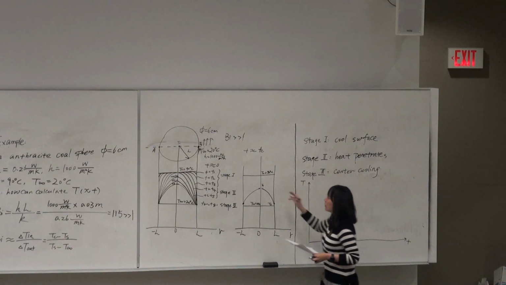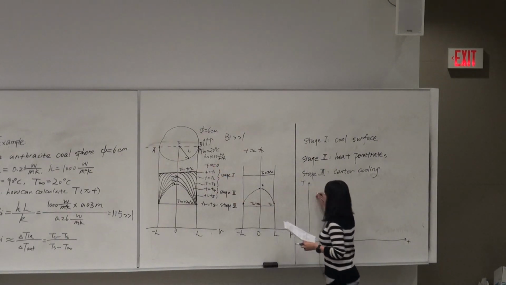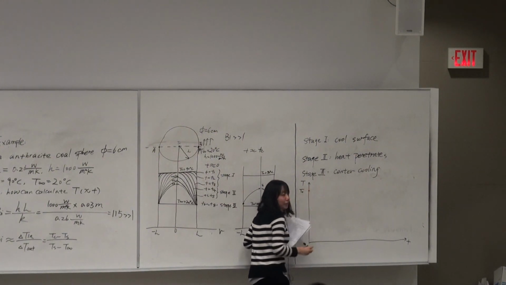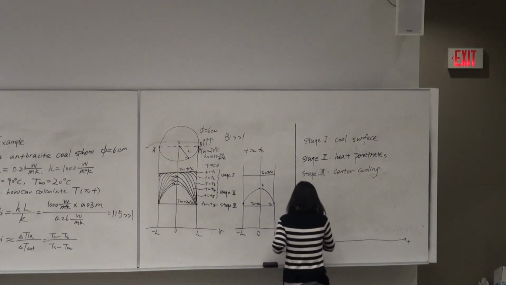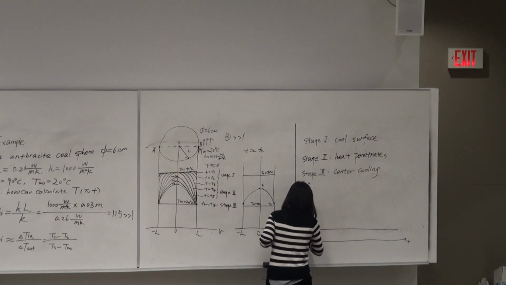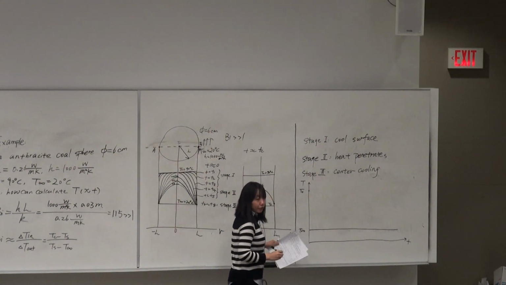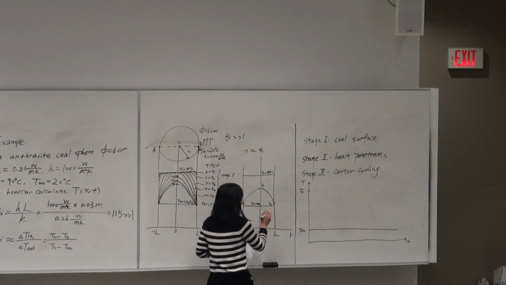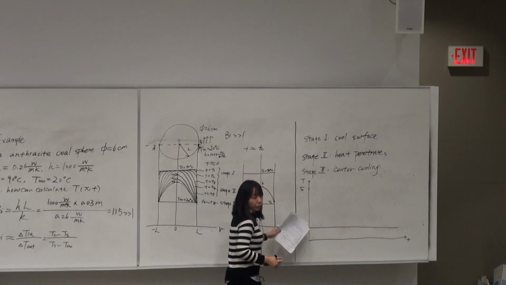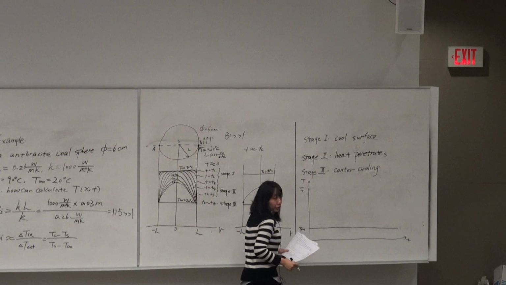Let's consider surface temperature now. We mark everything we know. At the beginning, everything is at T0. After a long period of time, everything reaches the same temperature as T infinity. Now, for our surface temperature, what should be its temperature evolution?